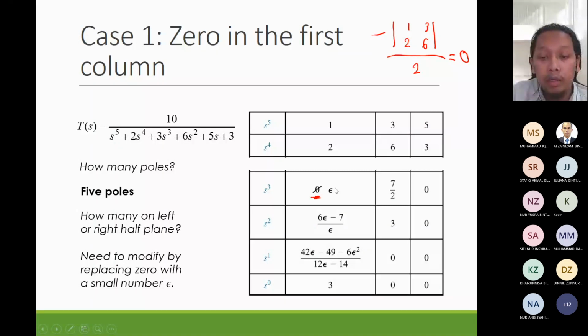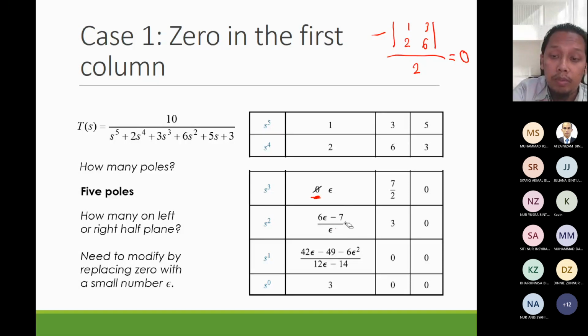We represent the small number using the symbol epsilon. When you assume 0 equals a small number epsilon, then you can continue calculating the value of the next row. If you use the value 0 here, the next row will become something over 0, which is impossible to calculate when you divide something by 0.